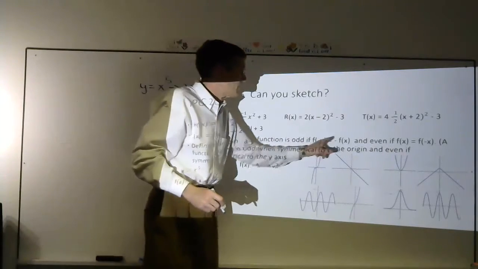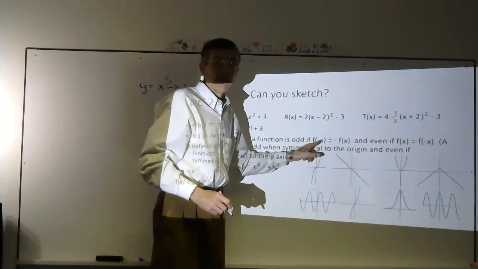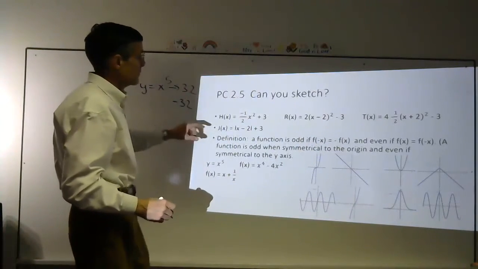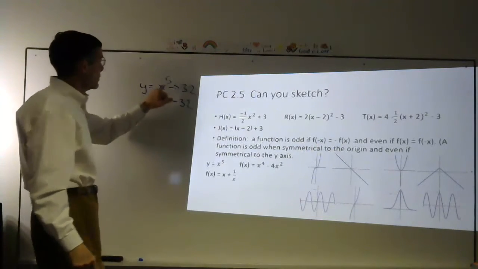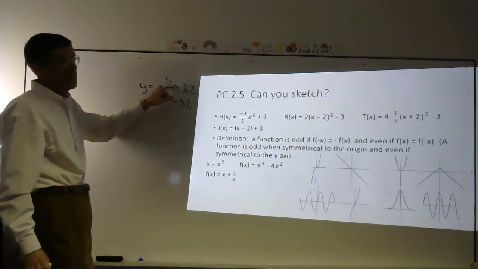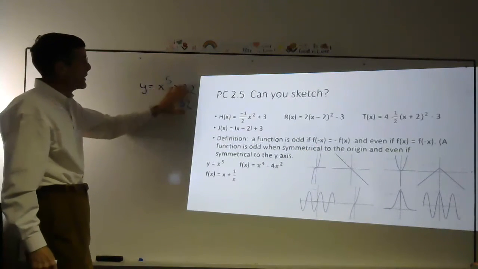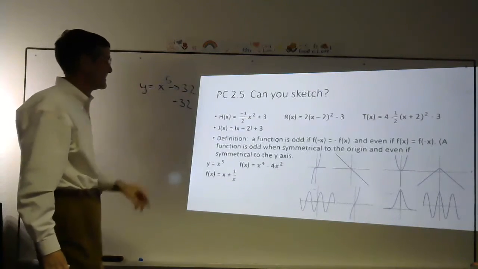It's the opposite of the positive value. It's 32 and negative 32. It's an odd function. Okay? Will it always be odd if it's an odd power? Yes, if there's nothing else involved. If it's just an x to an odd power, yeah.